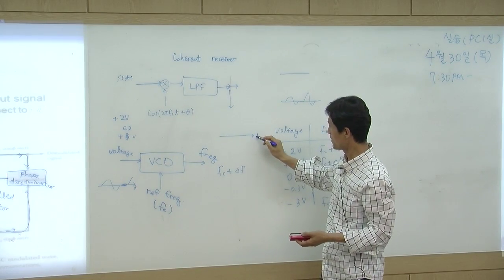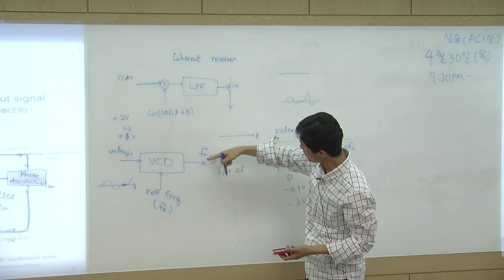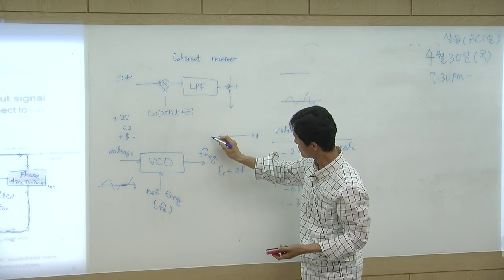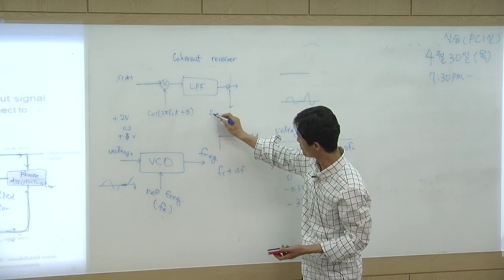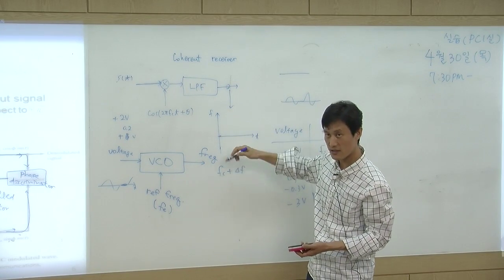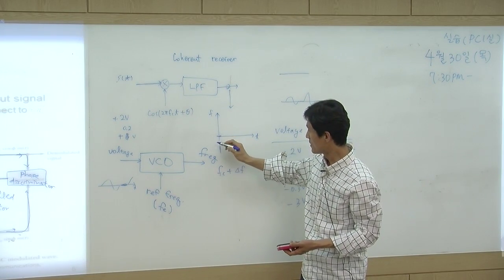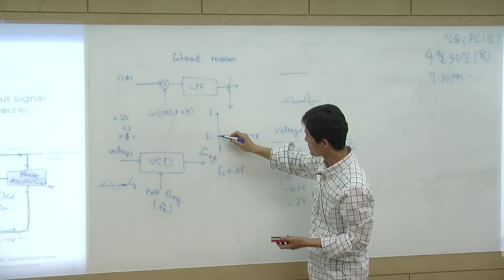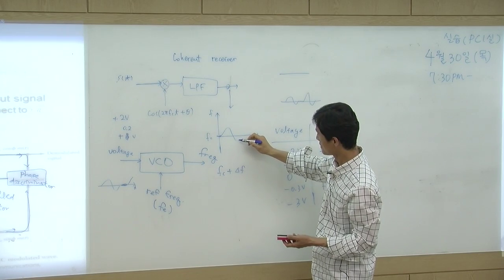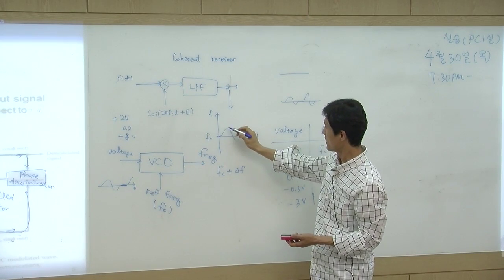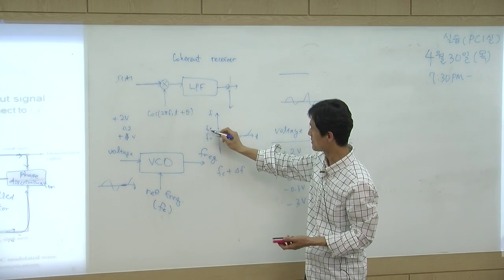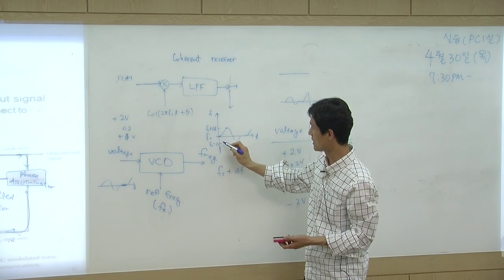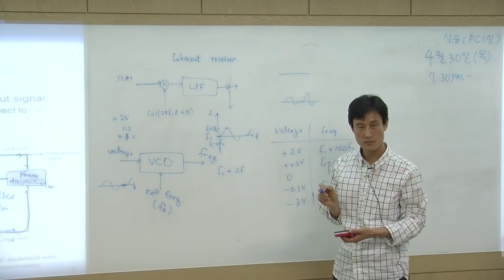This is the time domain, and the y-axis is the output frequency. This is FC. The output frequency also goes up, goes down, stays flat, and goes up. Here maybe it's FC plus delta, and here it is FC minus another delta too. Do you see what I'm saying?